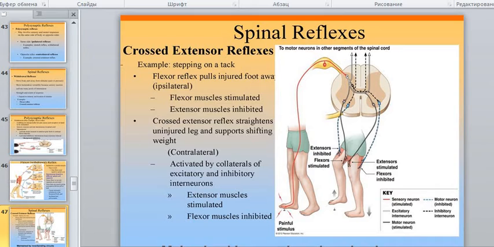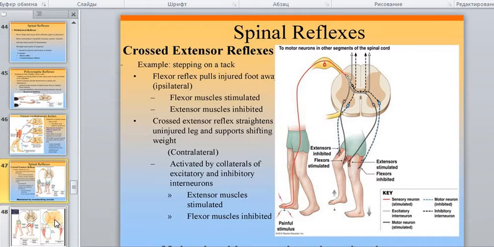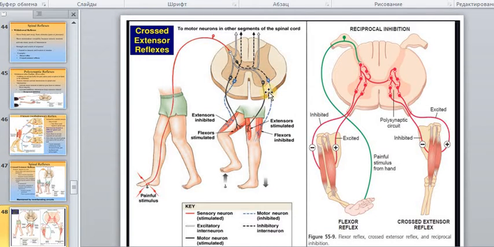We need to coordinate the two halves of our body. And for this we have changed the ways of excitation, and at the same time we have to inhibit some other muscles.